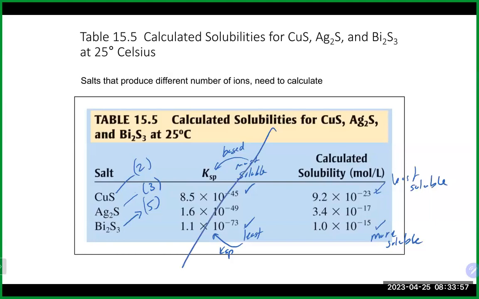So in a situation where you're comparing salts that have different numbers of ions, you cannot directly go by the Ksp value. You actually have to do the calculation and then compare which one would be more soluble. But if you do have ones like the previous slide where it is the same number of ions, you're good to go. You can look at the Ksp value and have an idea as to which one should precipitate out first. Any questions on that? So again, you have to calculate it if you have different numbers of ions.